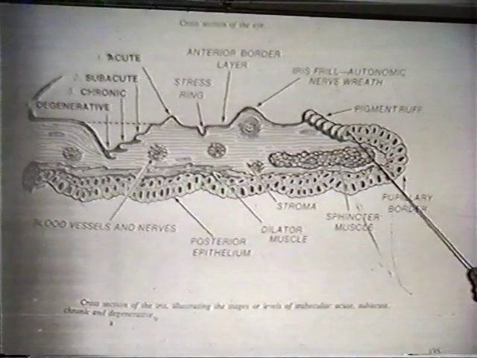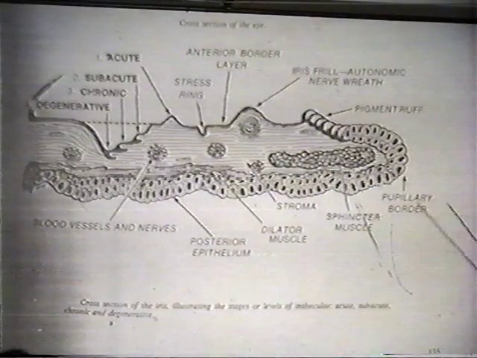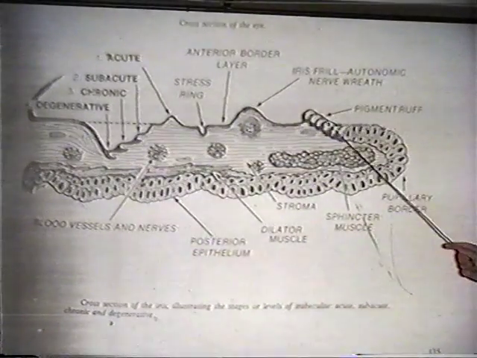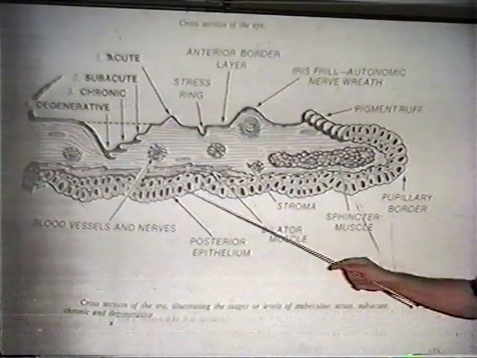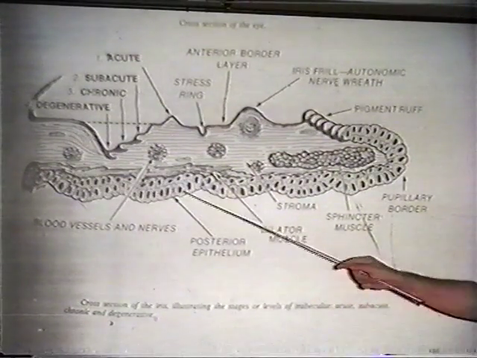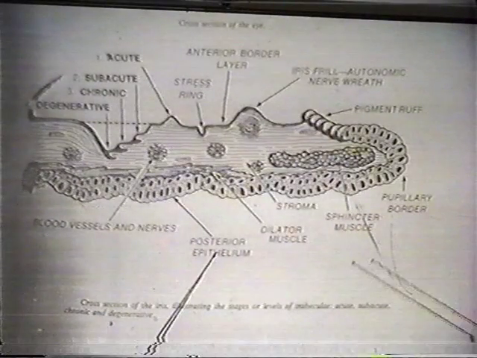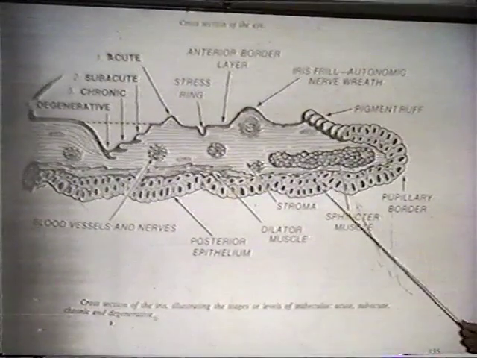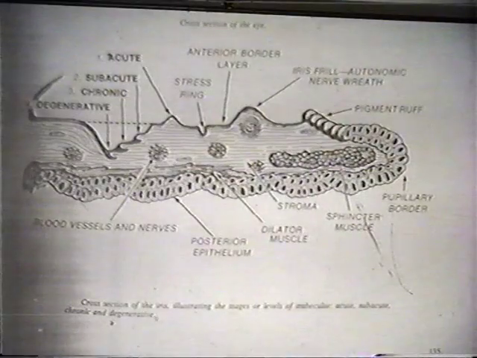This is the part that surrounds the pupil, and it's what we call the pigment ruff right in here, but it connects itself to this area down through here, which we will call the posterior epithelium, and this is where you have the pigment layer of the iris of the eye.